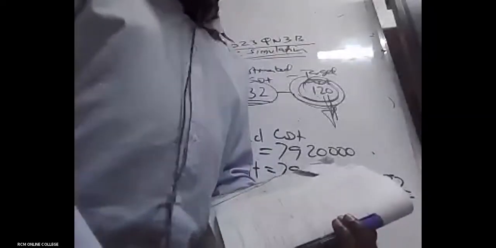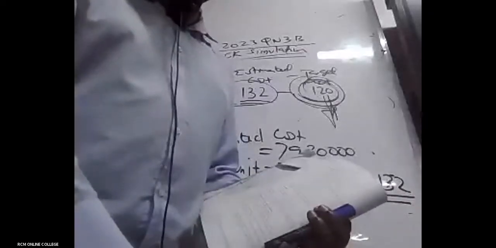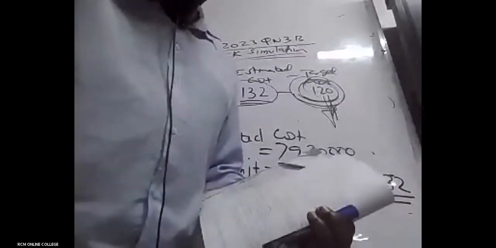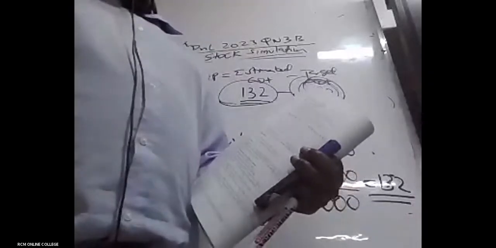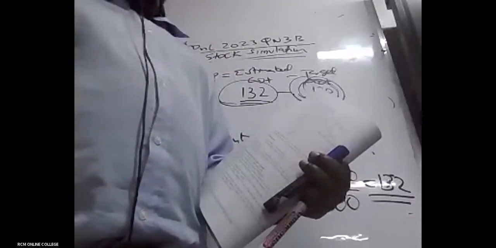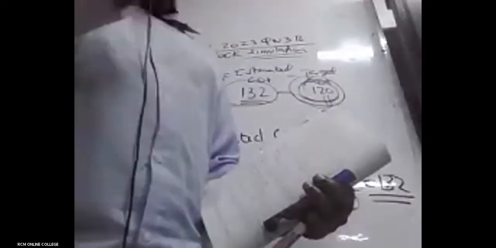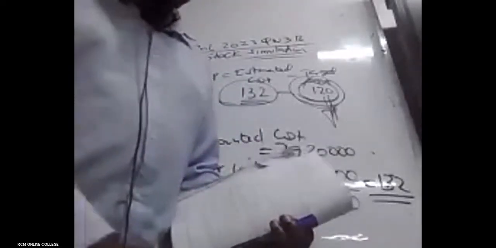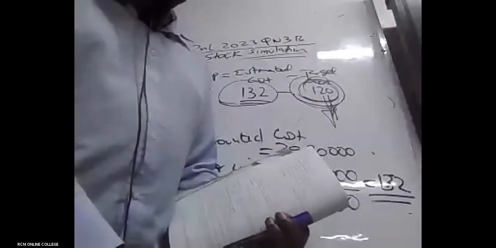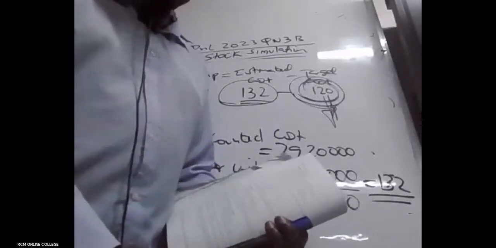Kesho ni saa ngapi? What time is best for you guys? Good night, Augustus. Bye. What time is best? So wanasema 1 p.m. na tusifanye AFR. Fanye AMA. That's what most students are saying. After all, my subject is AMA. So tomorrow, 1 p.m., Advanced Management Accounting.